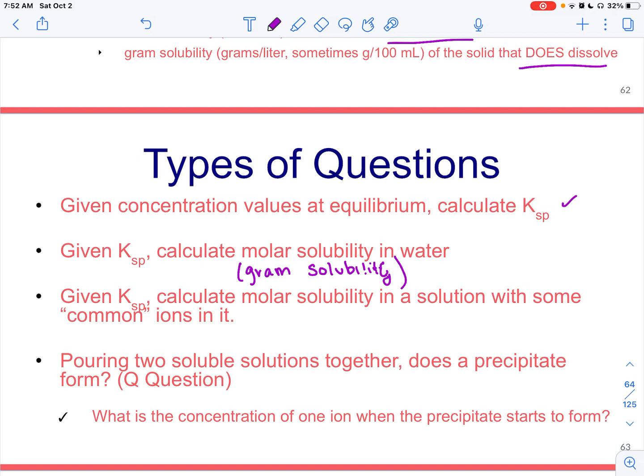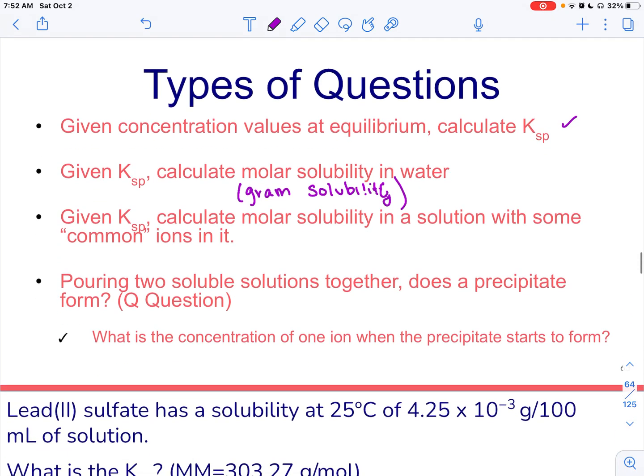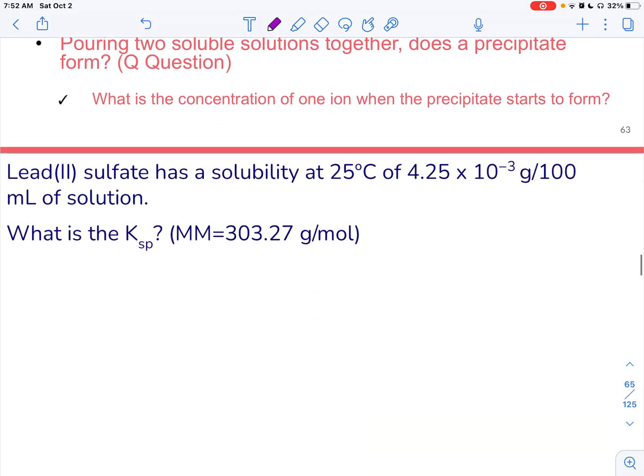So those are the ones that we're going to focus on today. Next video, we'll be looking at common ion stuff. Don't worry about that for now. And then later on, we'll talk about whether a precipitate forms, and then we'll find Q like you did last time, and compare it to Ksp. We will do those types of questions later on. In this video, we're just doing the first two types.